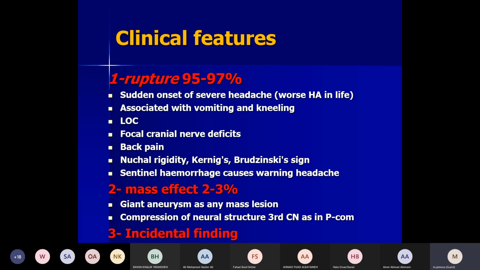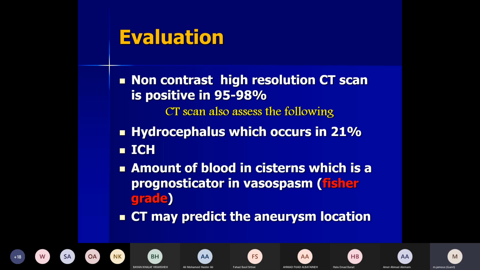If you have any suspicion for a patient presenting with symptoms related to aneurysm or subarachnoid hemorrhage, the first thing to do after stabilizing the patient's condition is a non-contrast high-resolution brain CT scan. And the sensitivity reaches up to 98%.